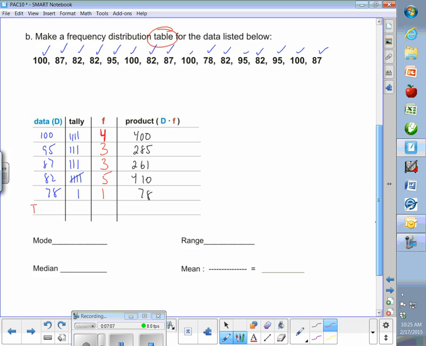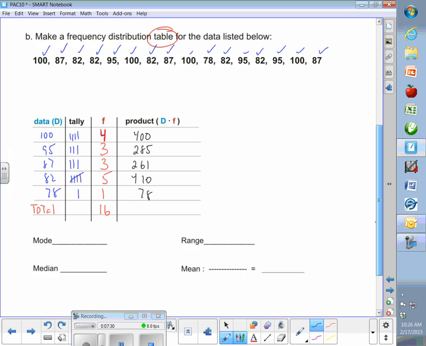Now, what we like to do a lot of times is do a total column here. So you don't need to total the tally because we're going to total the frequencies, and it's the same number. So 4, 5, 6, 7, 8, 9, 10, 15, and 1 is 16. We have 16 pieces of data. And then we're going to go ahead and get our calculator out, and we are going to total up all the data.